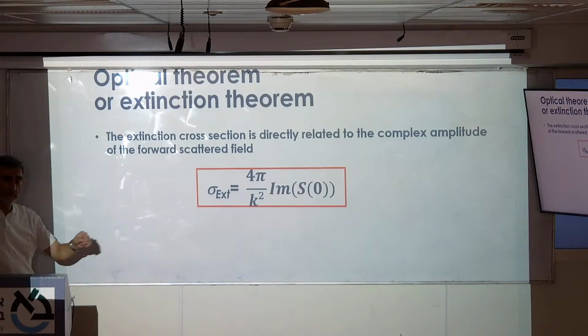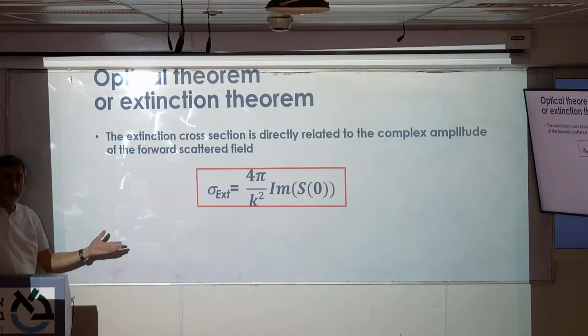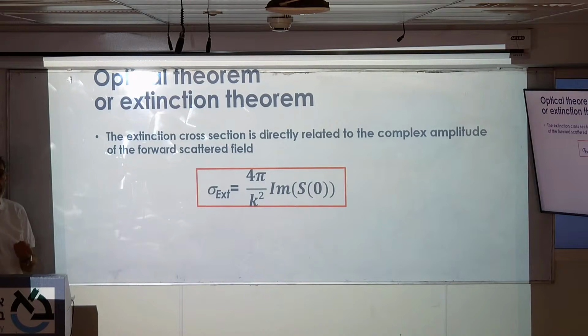It's a wave effect. The amount of energy which is lost from the incident wave results from the interference between the incident wave and the wave which is scattered in the forward direction. So you have to look at that in terms of waves and interferences if you want to understand the effect of scattering. The scattering effect is not like a particle that hits an obstacle and goes in another direction.